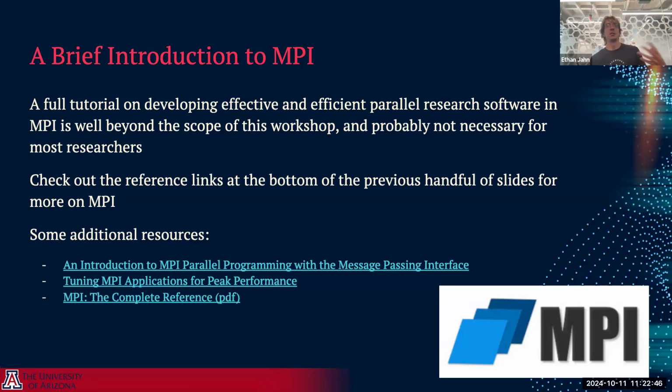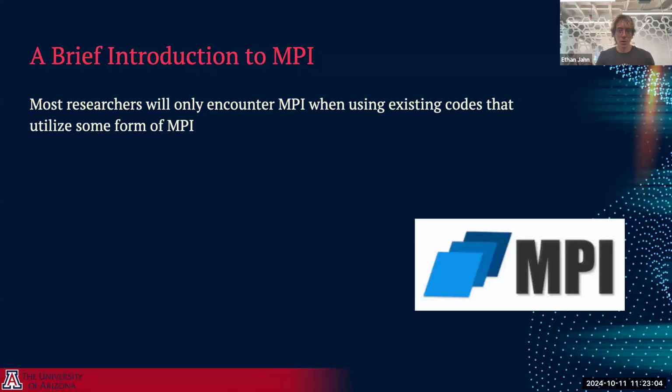We're going to try to get to something a little more practical that researchers can think about as they're implementing code in whatever field you might be working in. So check out these resources here if this is interesting to you. Otherwise, we're going to move on.